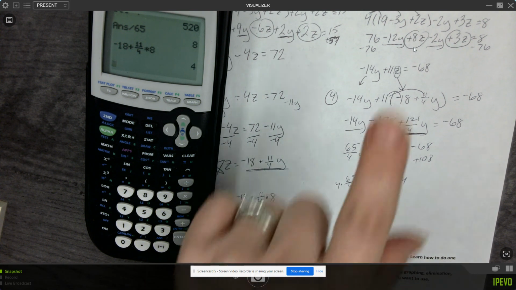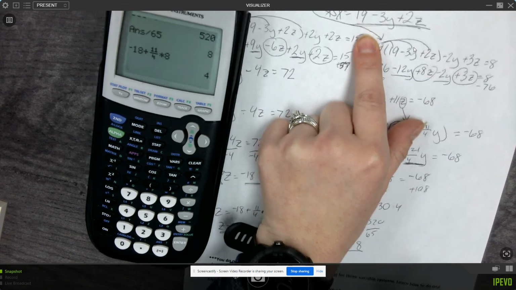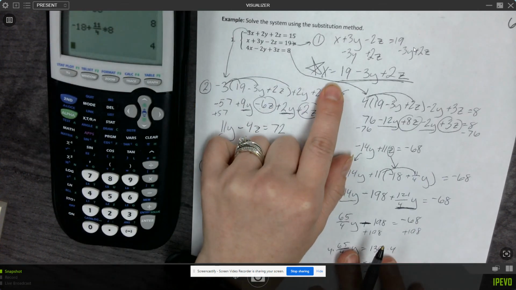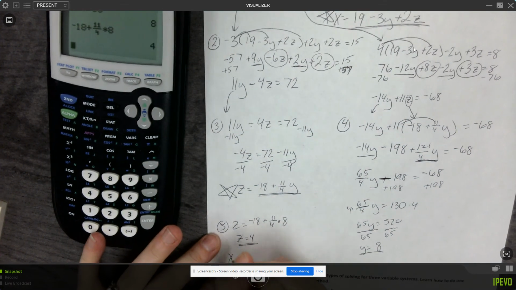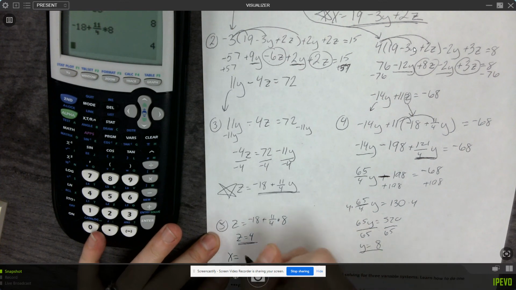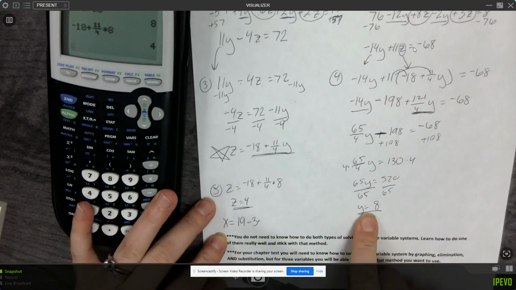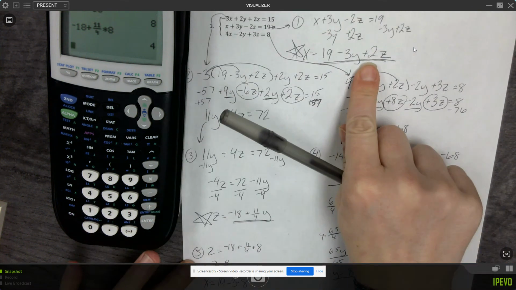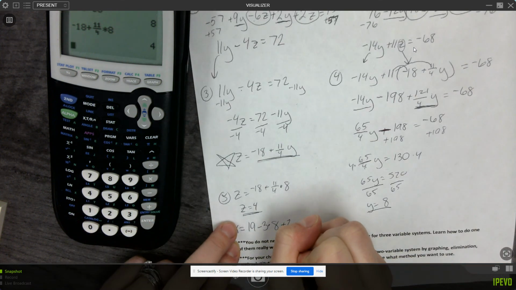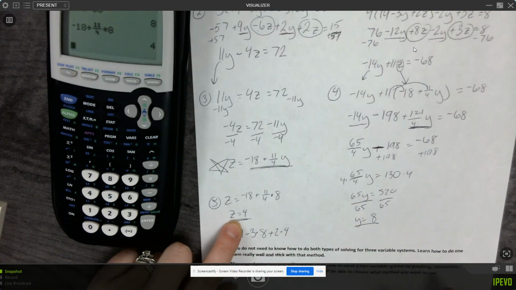And then we're going to go back up to this one. Oh, sorry, you can't see me. Back up to this one. So x equals 19 minus 3 times my y value, which is 8, plus 2 times my z value, which is 4.